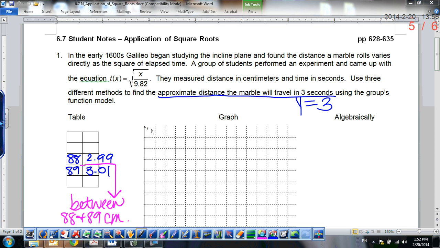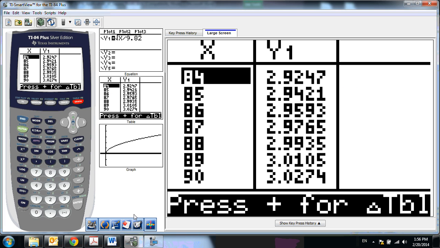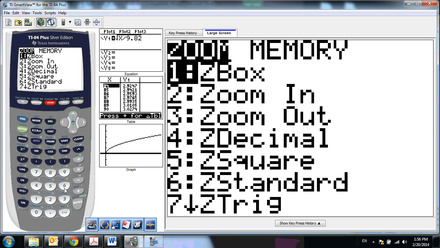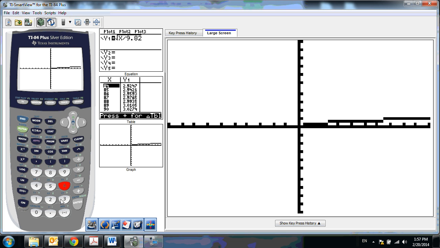All right, let's look at this graphically. Based on the fact that my table has told me that my answer is going to be between 88 and 89 centimeters, what do I need to adjust on my window from, say, zoom 6? The X max, good, because I know I'm going to need to get up to at least 88 and 89 centimeters.